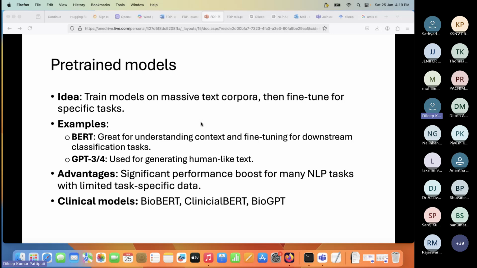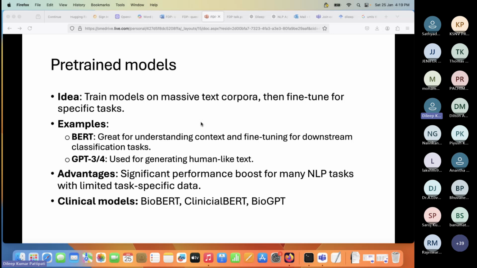Two types of models have come up, as I told you. One is GPT models, which are used for generating text. That is what our ChatGPT is; underlyingly, there is a GPT model behind that. And then BERT is majorly used for prediction, not just for generation. Prediction problems can also be solved using generation, but there are some tasks which BERT is still good at.